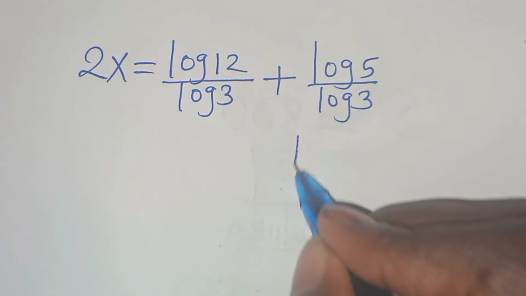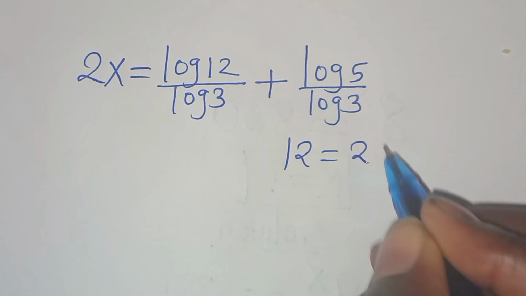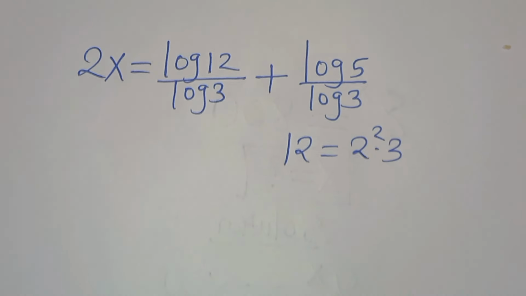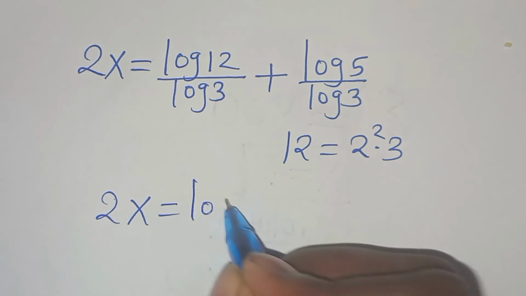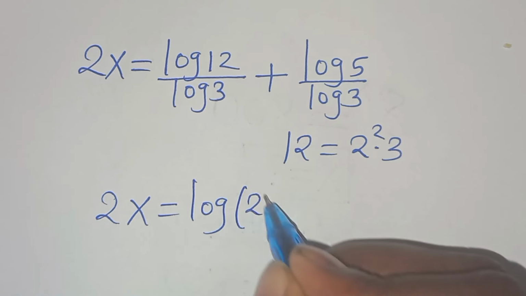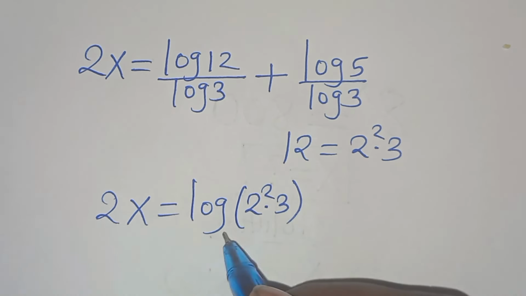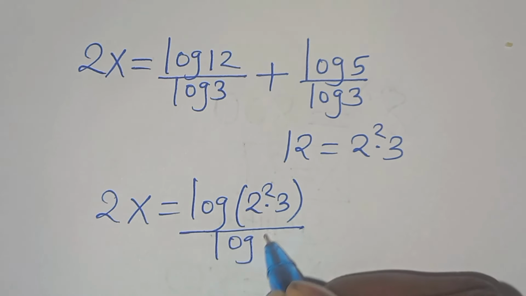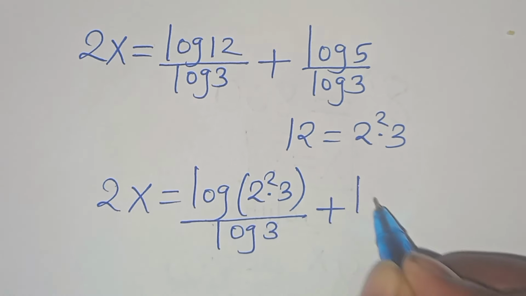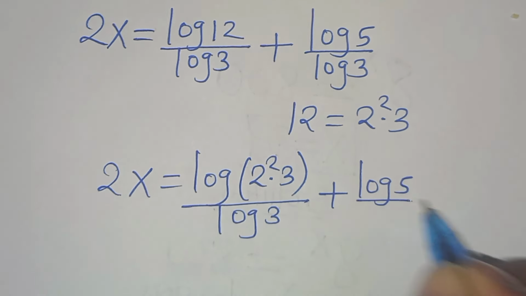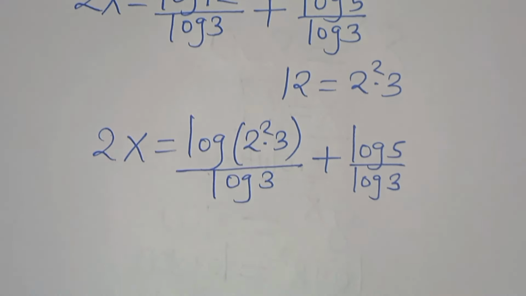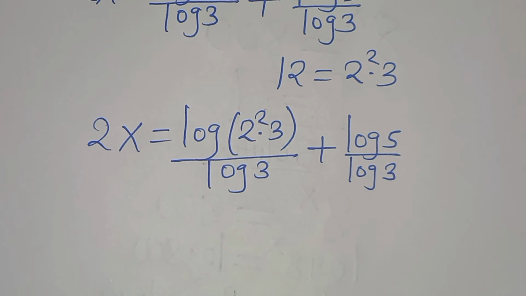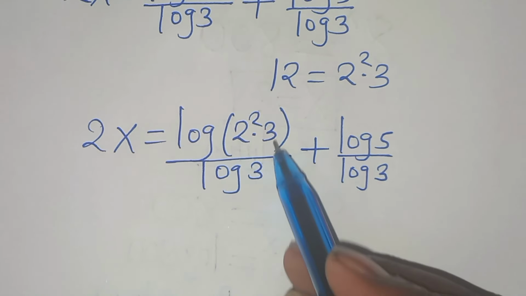Now we can express 12. This is the same thing as 2 to the power of 2 times 3. So this is 2x. This is equal to log 2 to the power of 2 times 3. Everything here divided by log 3. Then plus log 5 divided by log 3. Now, we have that log 2 to the power of 2 times 3.